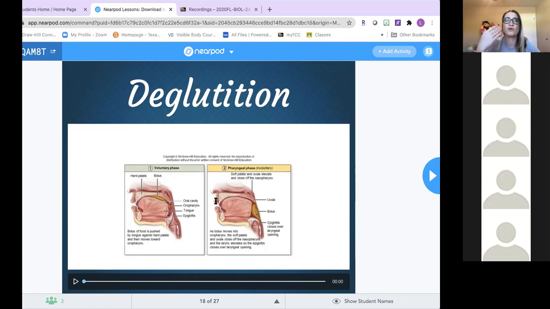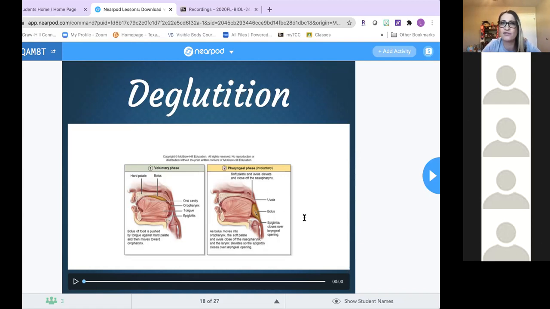When you swallow, your uvula actually closes the opening into your nasopharynx, so the food doesn't go up your nose, but it goes down. And your epiglottis also closes over the trachea, so the food is not going into the trachea, into the larynx, really. So you have those two things that are making sure that food is going where it's supposed to go.